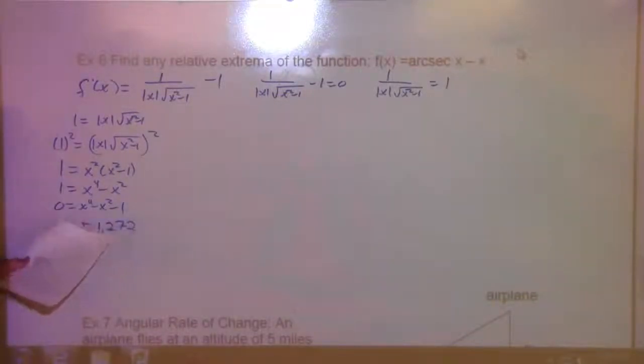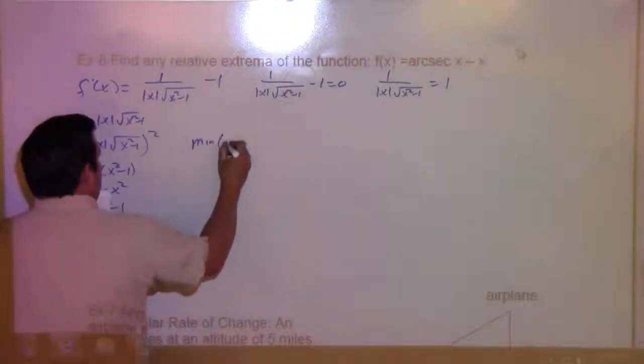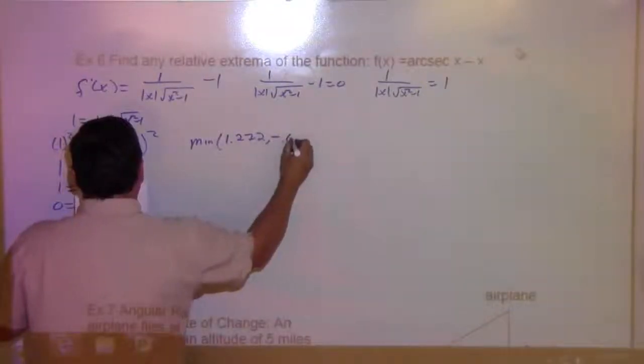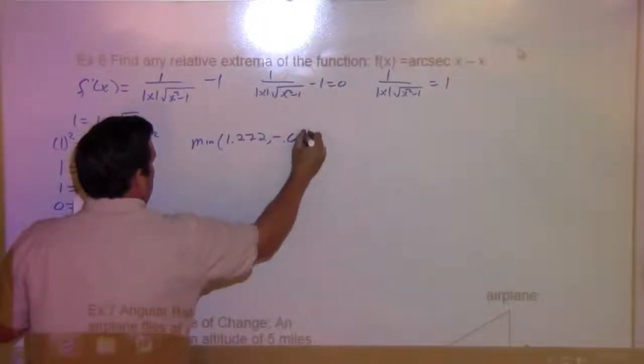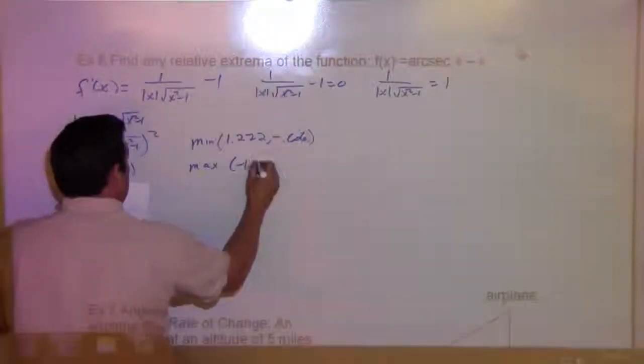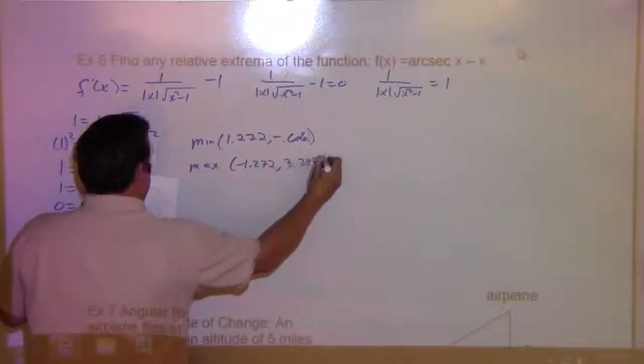I think that's a fine way to go. So our minimum is going to be at 1.272 comma negative 0.606, and the maximum will be at negative 1.272 comma 3.7474.